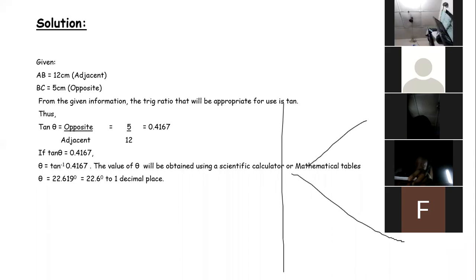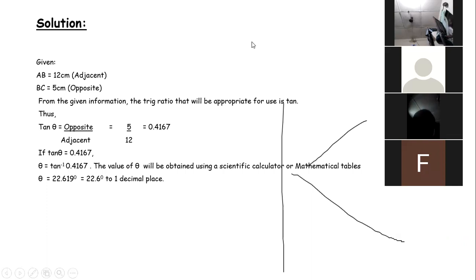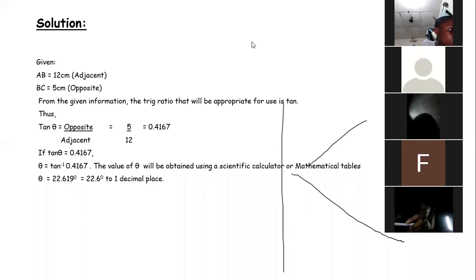So if tan theta is equal to 0.4167, how do we now get our theta? What you do is you go to your calculator. Now there are 2 approaches to this, depending on the type of calculator you are using. The first approach, you press Shift on your calculator, then you press tan, then you press 0.4167.